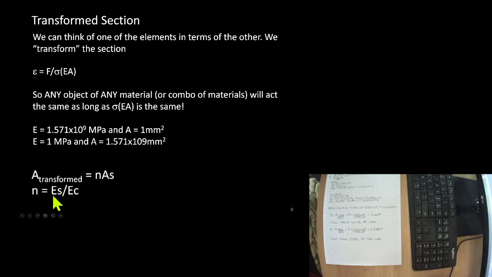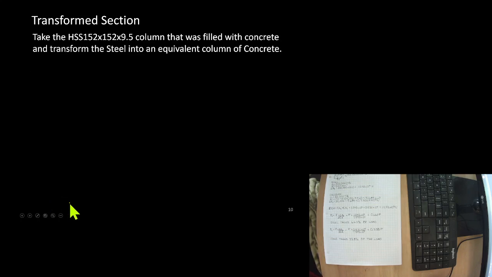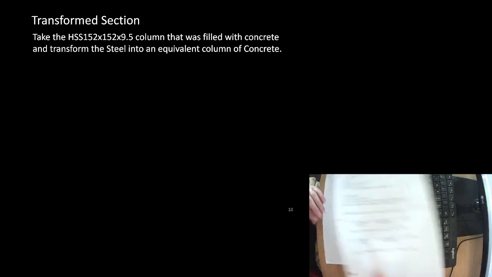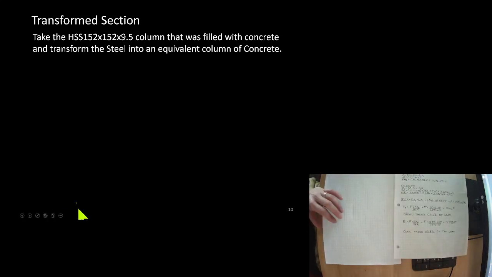So what we do is we will then create something called N, or a multiplier, to transform one material into the other. So let's take a look at that same concrete column. Let's transform our materials into each other. We're going to keep this handy because some of the stuff we want to see is in this.